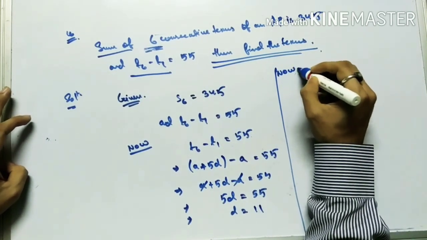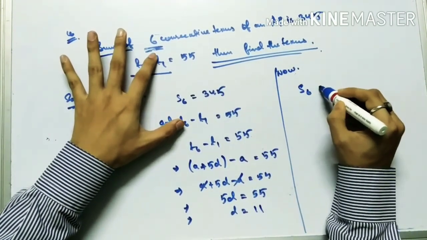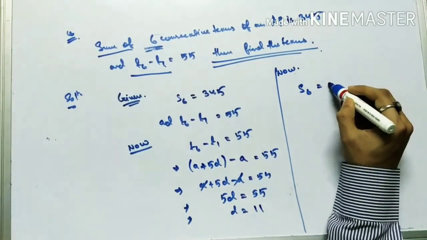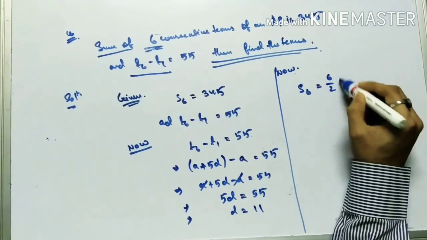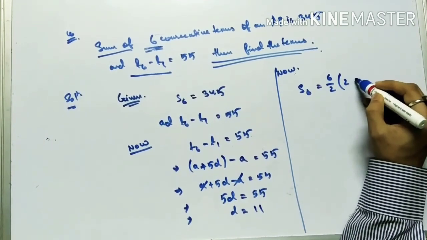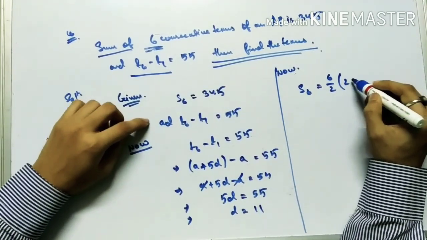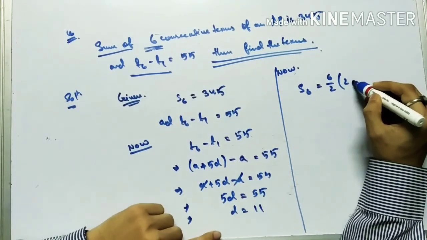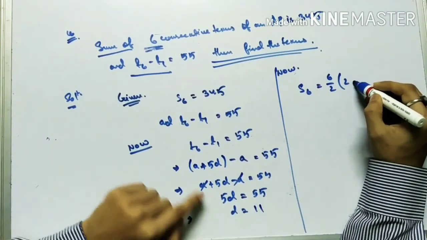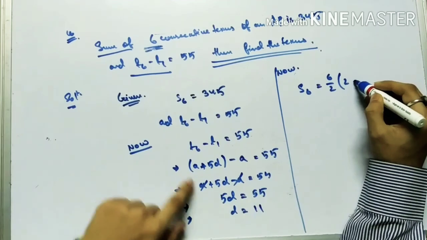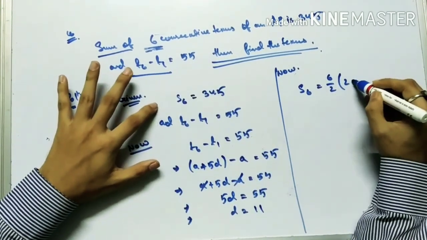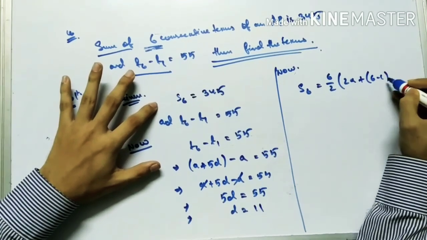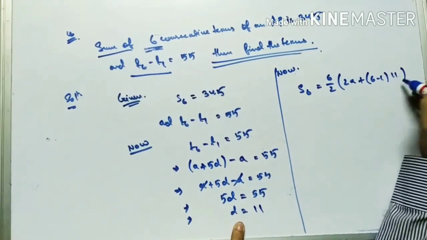So now again, how can I write S6? S6 equals 6 by 2 into twice A plus 6 minus 1 into D, and the D value is 11.